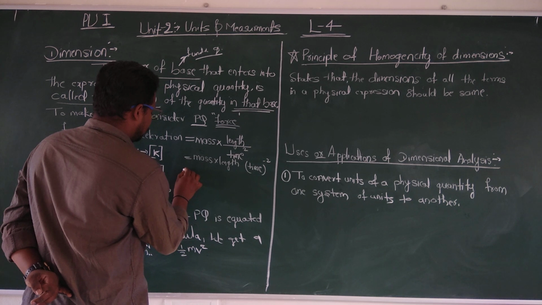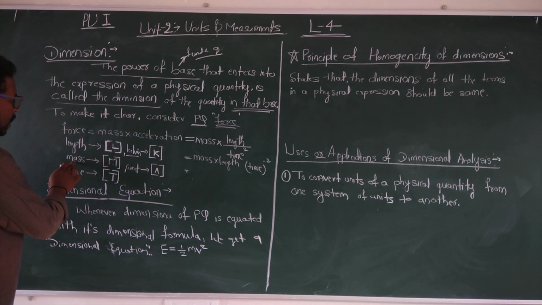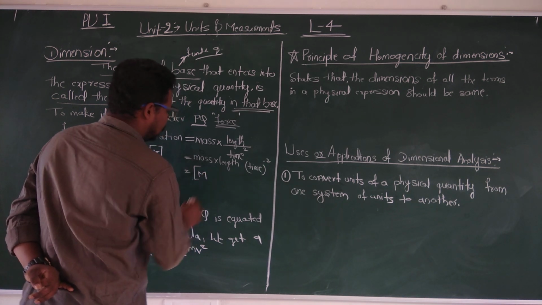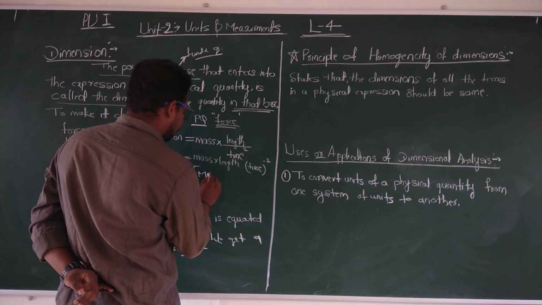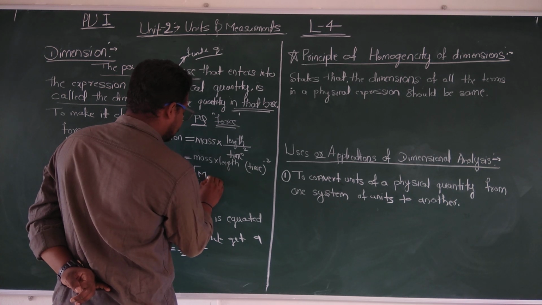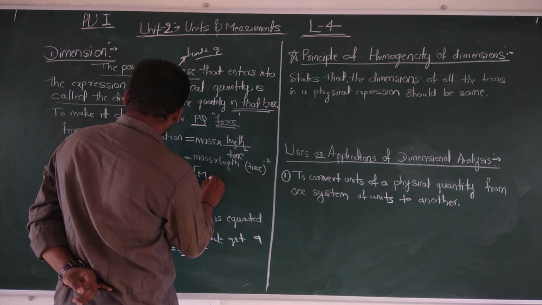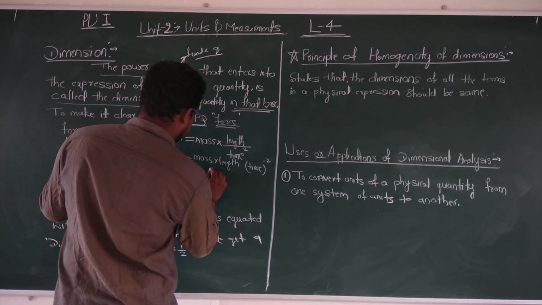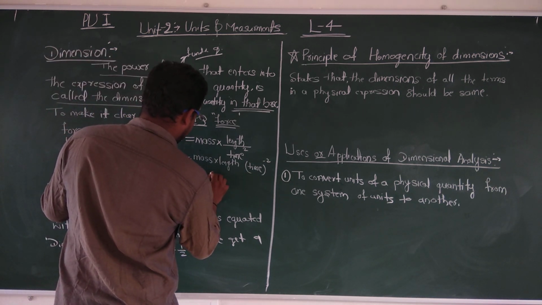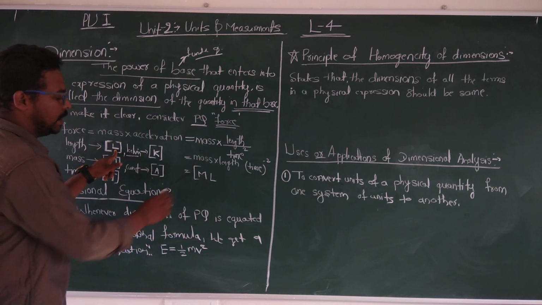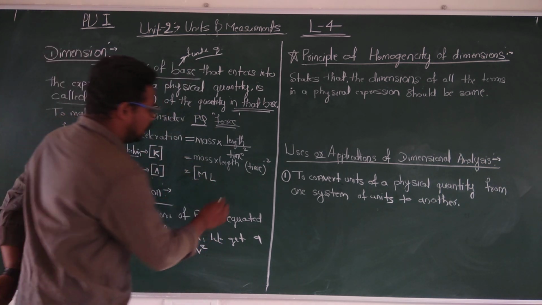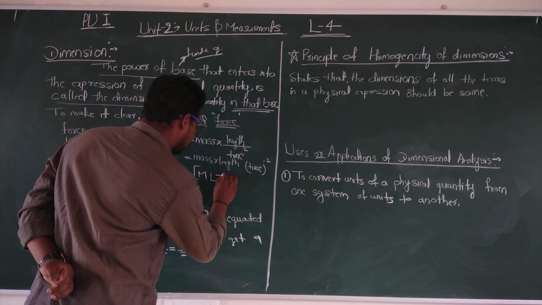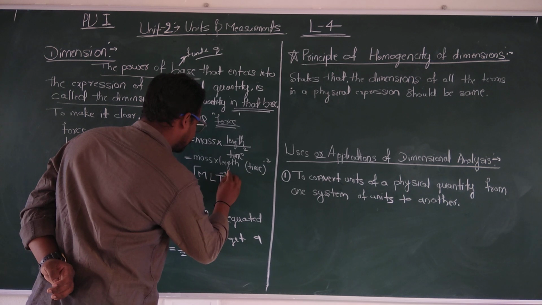We already have the dimension of mass, M. Length is L. Then time to the power minus 2, T to the power minus 2.